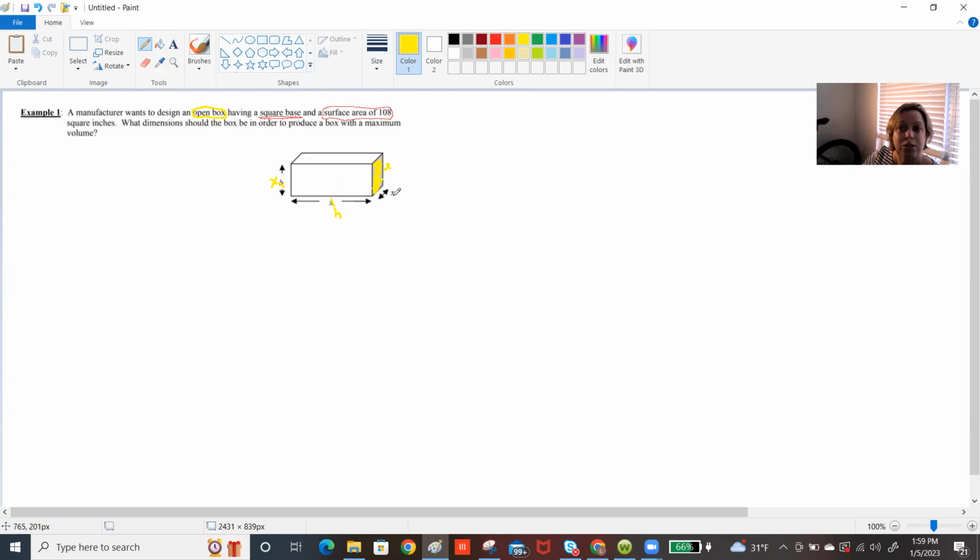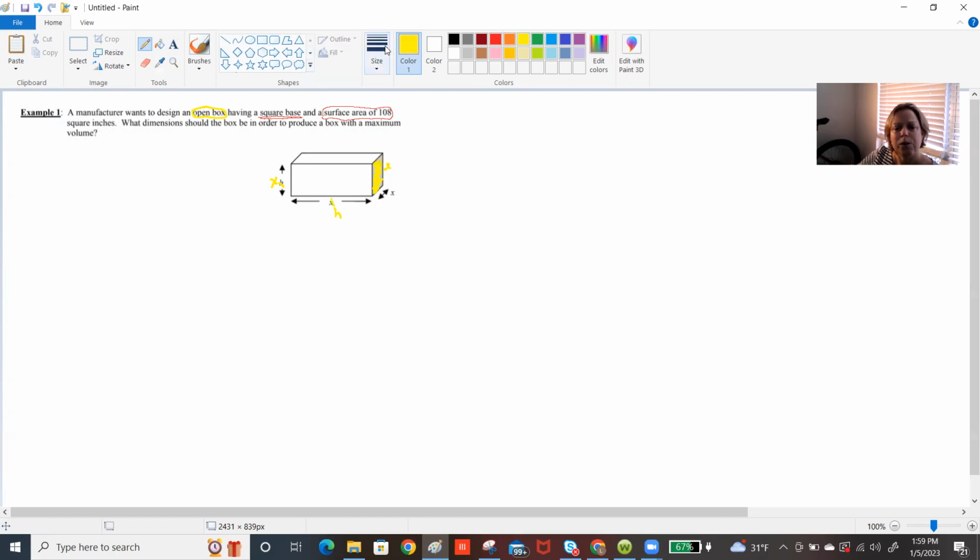So when we consider the surface area, we do not consider one of the bases, okay? What dimensions should the box be in order to produce a box with a maximum volume? So ultimately, what we want to find is the dimensions for a maximum volume, okay?